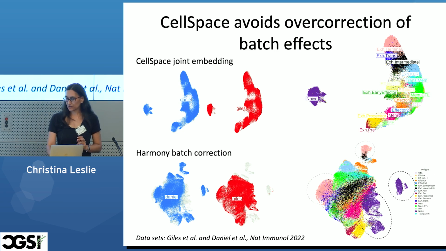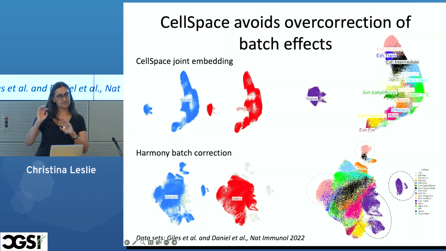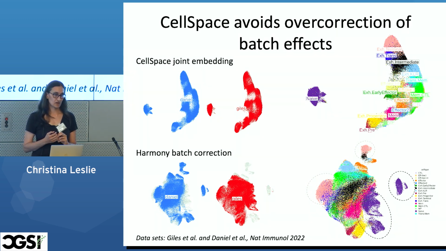In particular, you can see that the naive cells from the two studies are separated. The terminally exhausted cells are in two places, right? So this is a fail, all right? And often, you're in a situation where you don't know whether the batch correction is overcorrecting or undercorrecting or working, right?